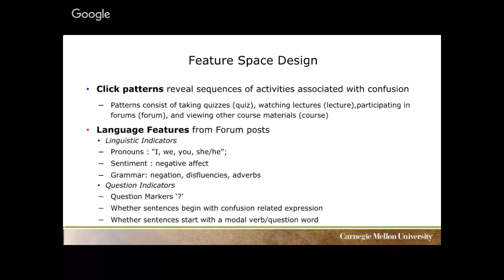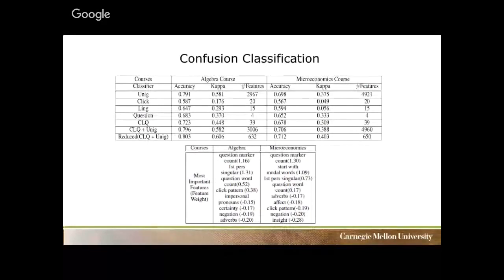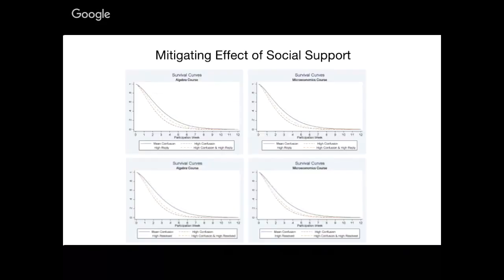I'm not going to talk in great detail about how we did that measurement, but over multiple courses, we see that when students express their confusion, they're more likely to drop out of a course. But if an experience occurs in the discussion forum that addresses their confusion, that partly mitigates the effect. Again, we can do these assessments using survival models.